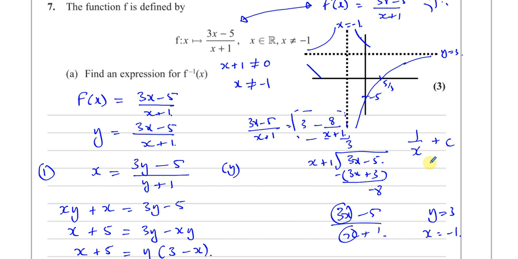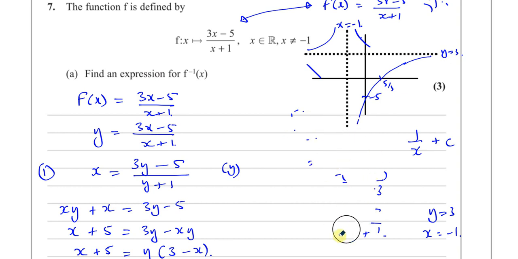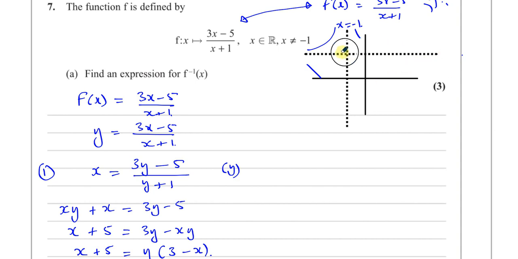All right, so that's just a little side point which isn't part of the question, just to answer some of the questions that some students have asked me in the past, how we can work out how to sketch this without having to turn it into an improper fraction. Okay, I hope that was clear.